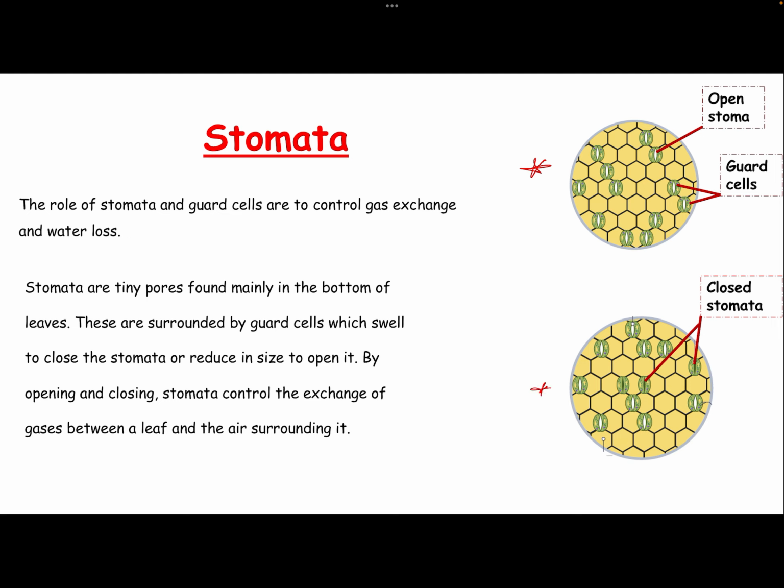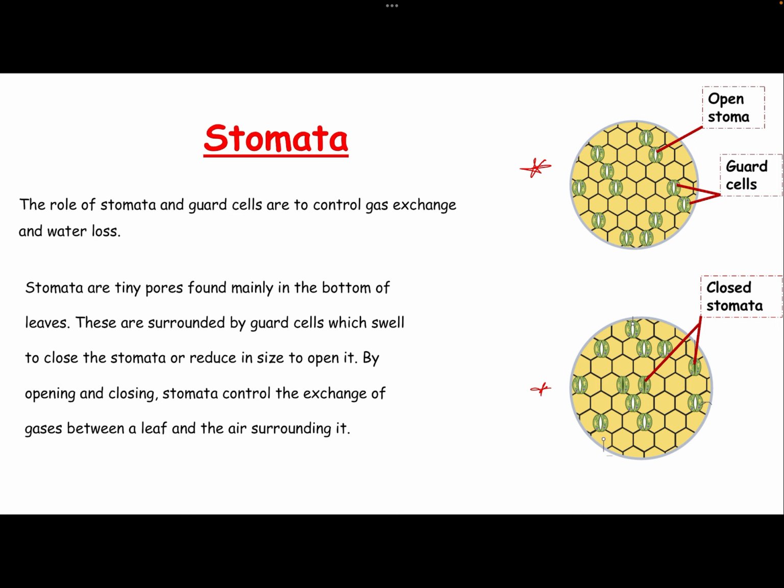On a windy day, for example, or a dull day or late evening, you would tend to find that most of the stomata are closed. So no carbon dioxide or very little would be exchanged with the surroundings. Less carbon dioxide would be entering, less water vapor and oxygen would be going out, so rate of photosynthesis would be low.